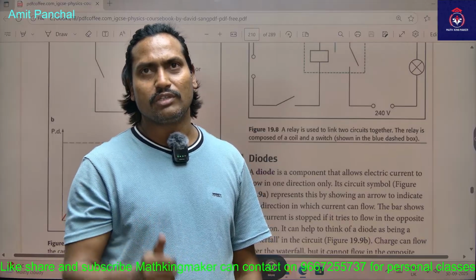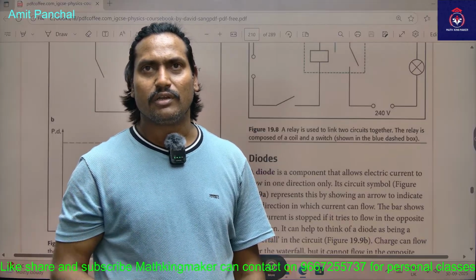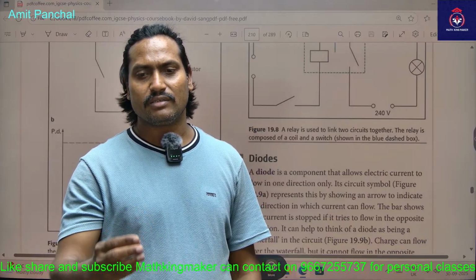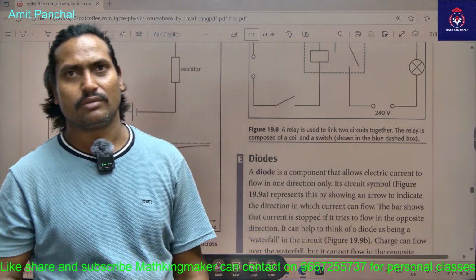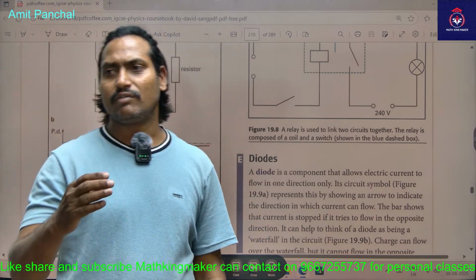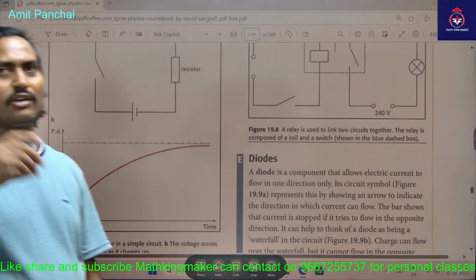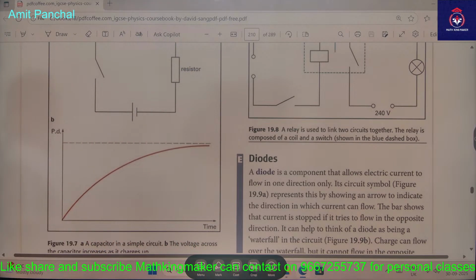As you switch on, that capacitor gets charged and it increases the voltage. So it is just giving a start to the fan, and after starting, then it is cut off.